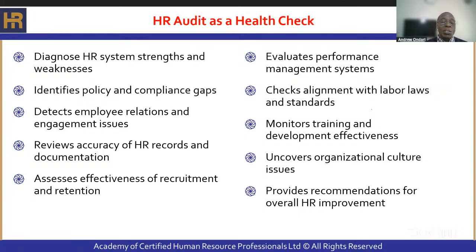So all the records that are under our care, particularly employee records or employment records, should be accurate. So how do we ensure that they are accurate? It's by conducting HR audits to identify any inconsistencies that may exist in our records.